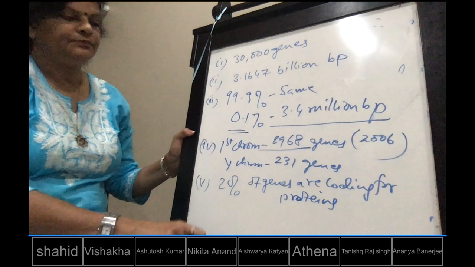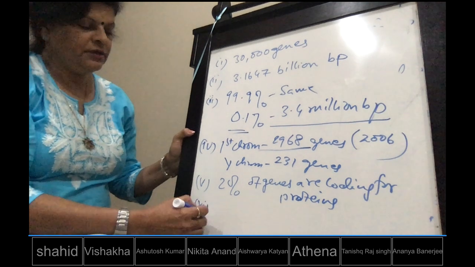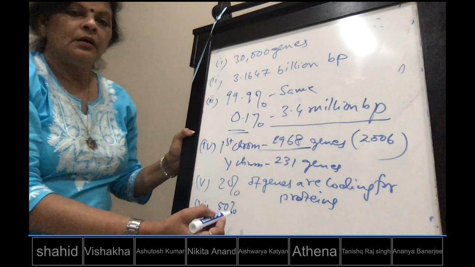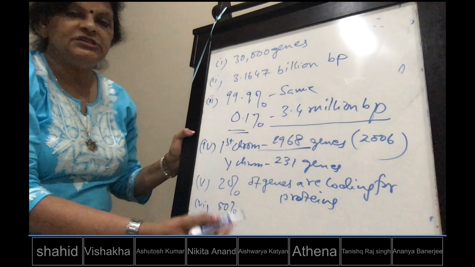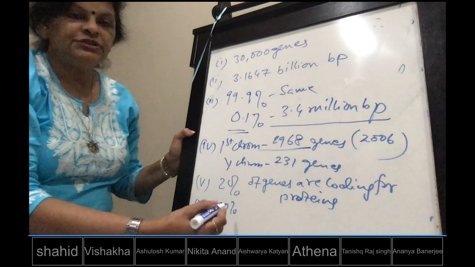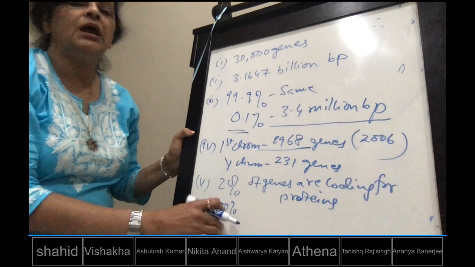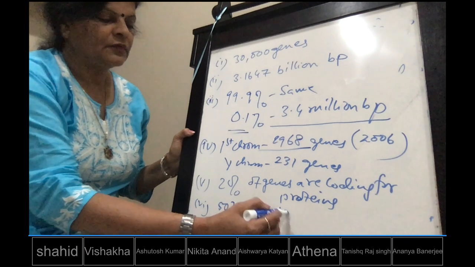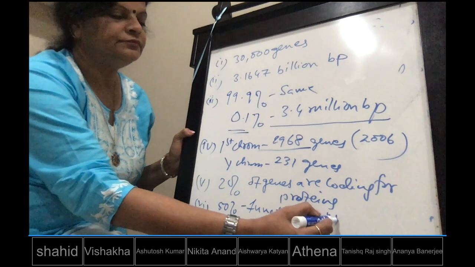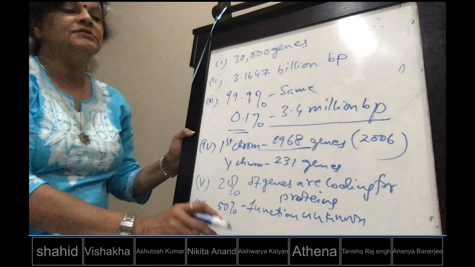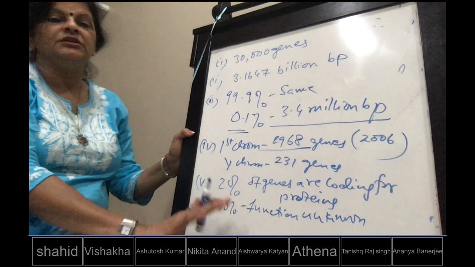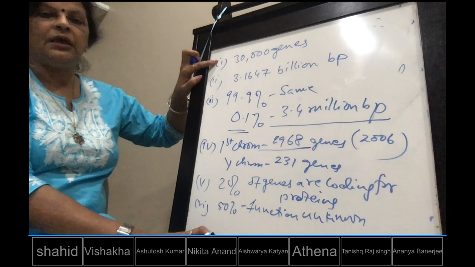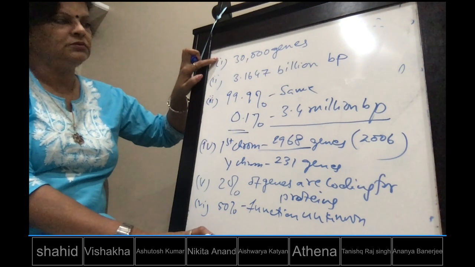Next point, 50% of the genes: the function of 50% of the genes is still unknown. So function unknown of at least 50% of the genes. Still the function is unknown. So number of genes in the human genome is 30,000.